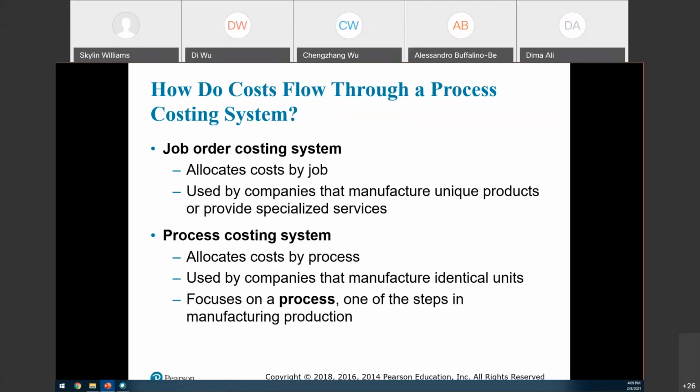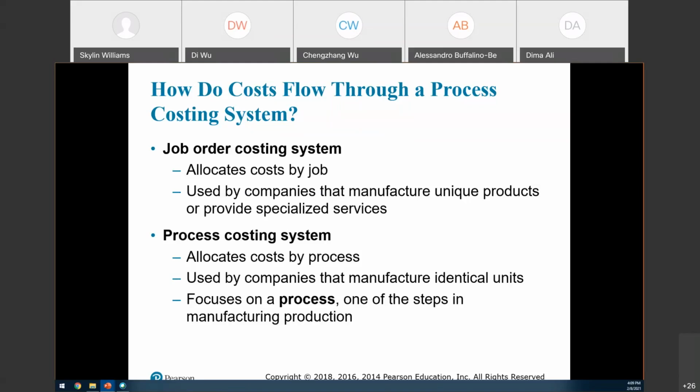Costs are transferred to finished goods inventory when the jobs are completed, while process costing has a separate WIP inventory account for each process.